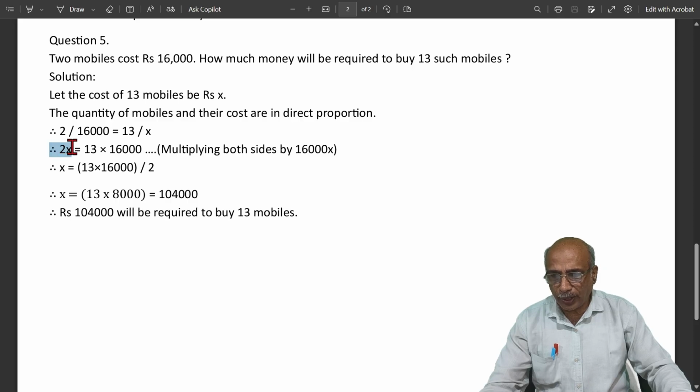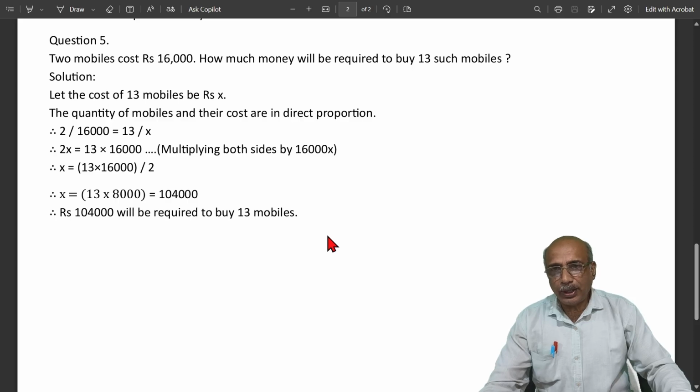It will be 2x and 13 into 16,000. Therefore, x equals 13 into 16,000 upon 2. 2 ones are 2, 2 eight-thousands are 16,000. So 13 into 8,000 is the answer. That comes to 1,04,000. So therefore, rupees 1,04,000 will be required to buy 13 mobiles.